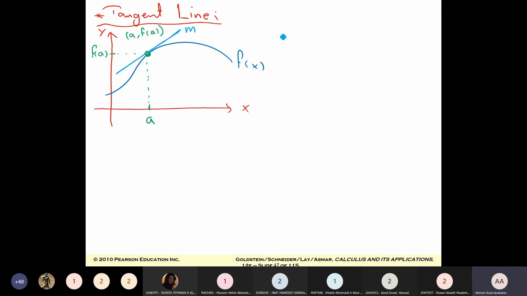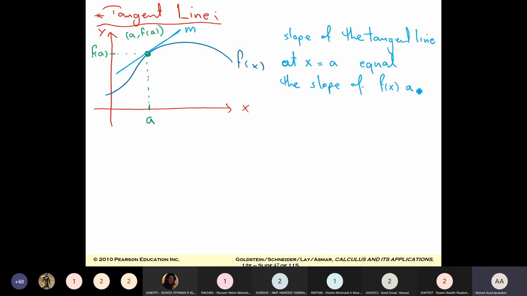So the slope of the tangent line at x equal a equals the slope of f of x at x equal a also.